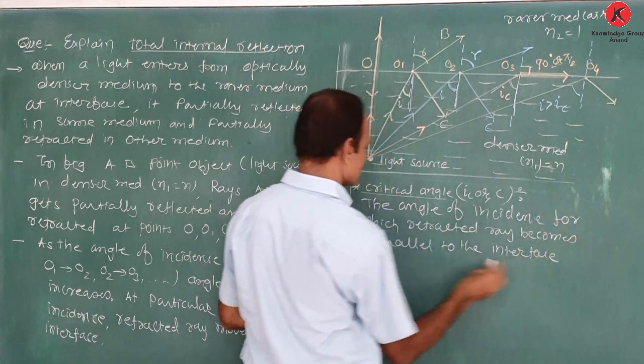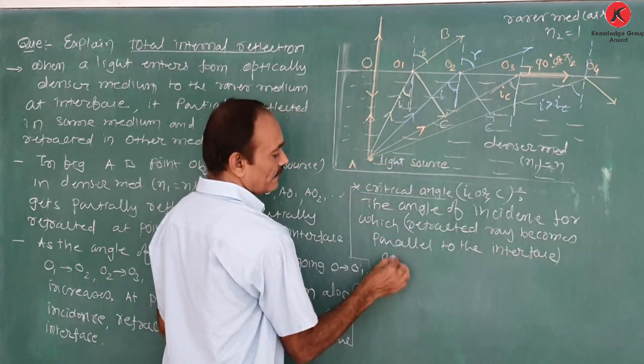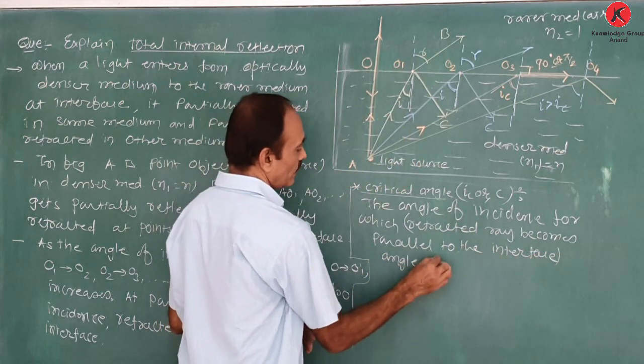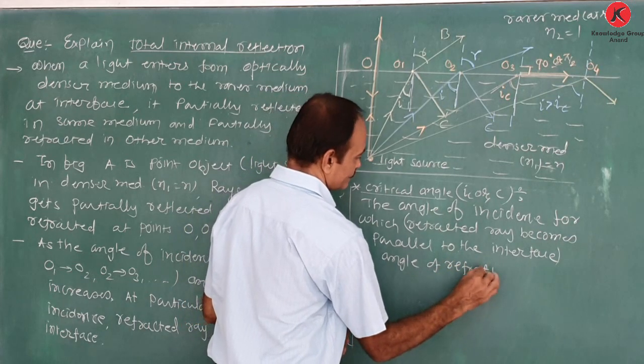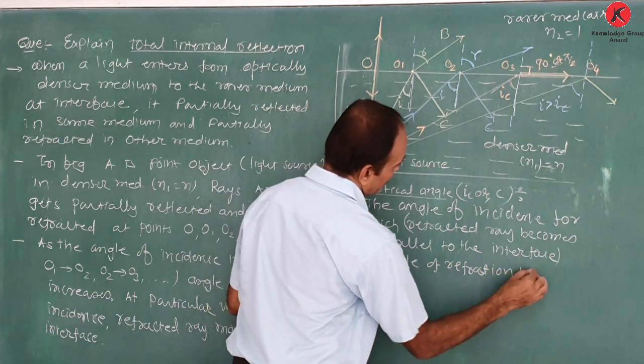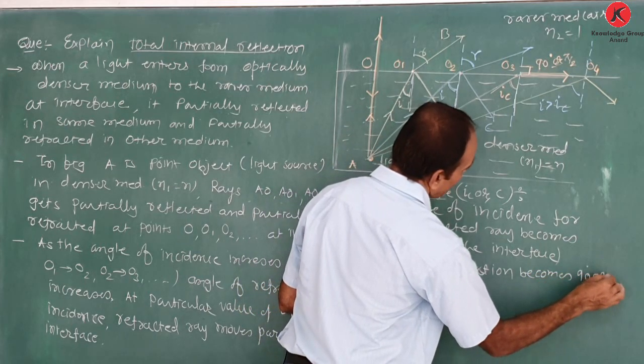Or in other words, the angle of refraction becomes 90 or pi by 2.